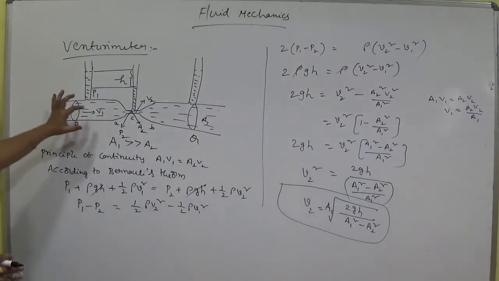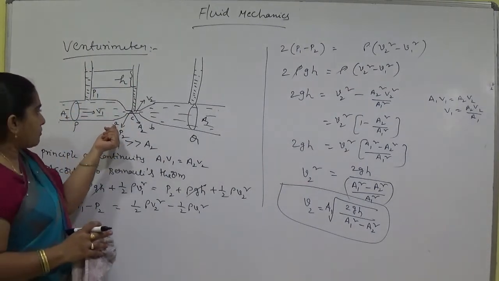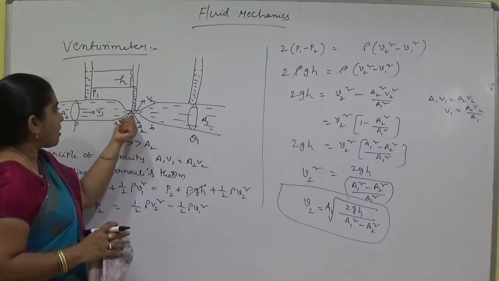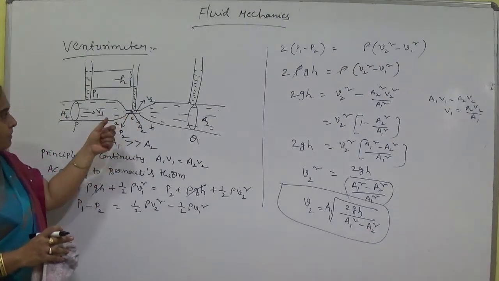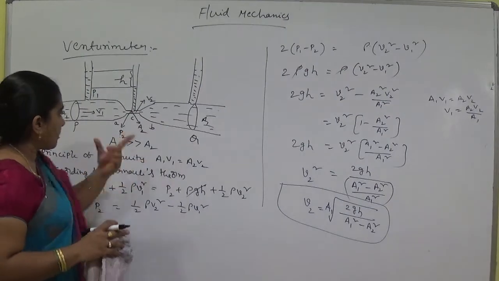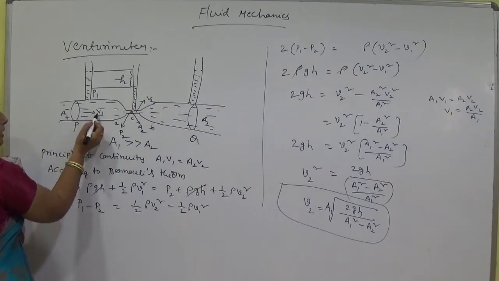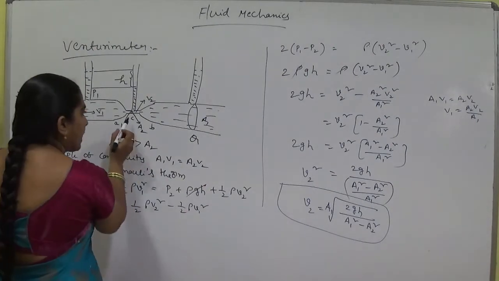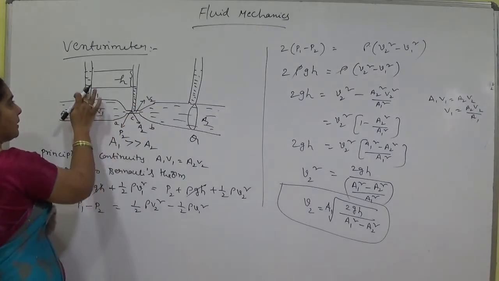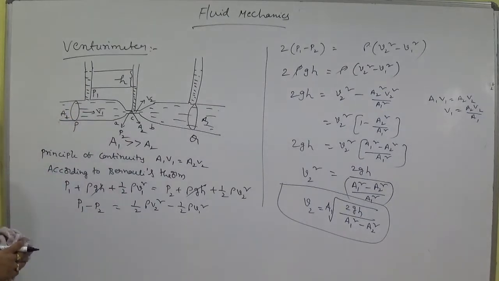So this is a Venturi meter ACB. The area of cross section at A and B is the same, and the middle C is narrow. ACB is connected to the long pipe. The velocity at point P is V1 and the velocity at point C is V2, with pressures P1 and P2.